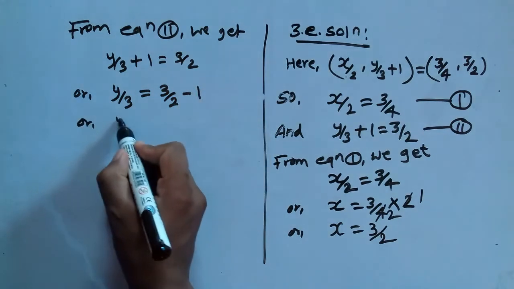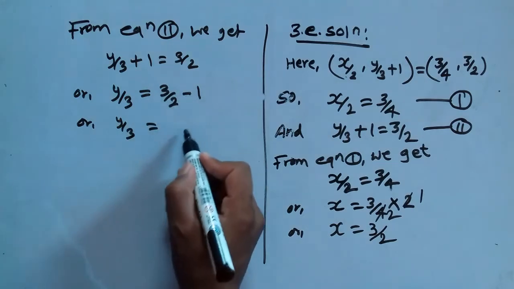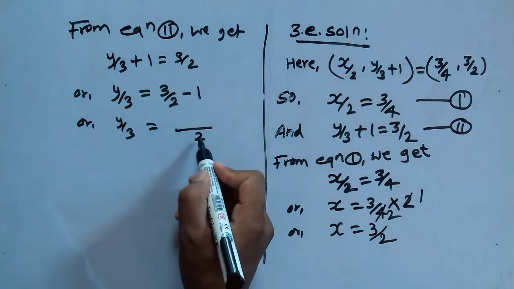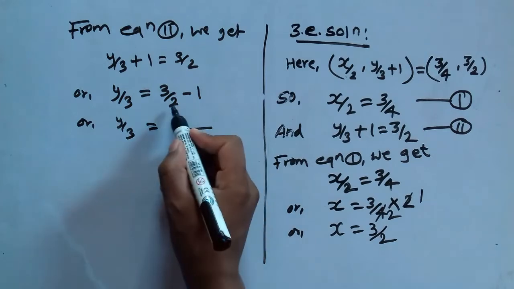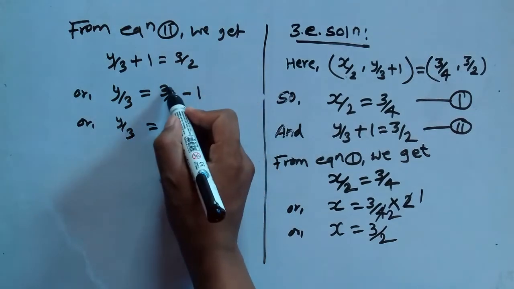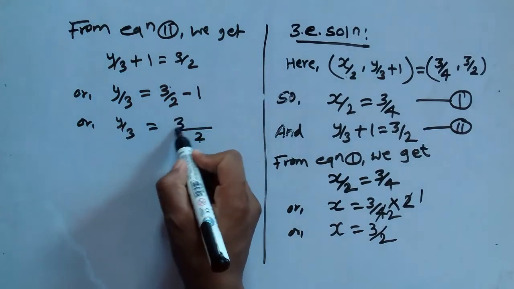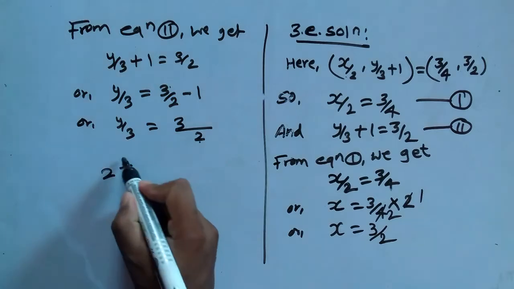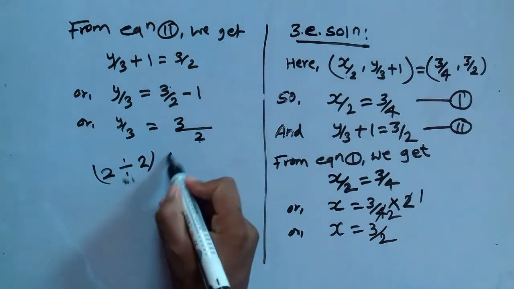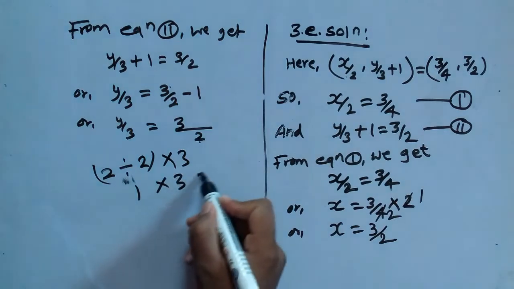Now we have to take the LCM, 2. This LCM 2 divided by this denominator 2 is 1, and that multiplied by this numerator 3 is 1 into 3, which is 3. We do 2 divided by 2, then multiplied by numerator 3: 2 divided by 2 is 1, and into 3 is 3.